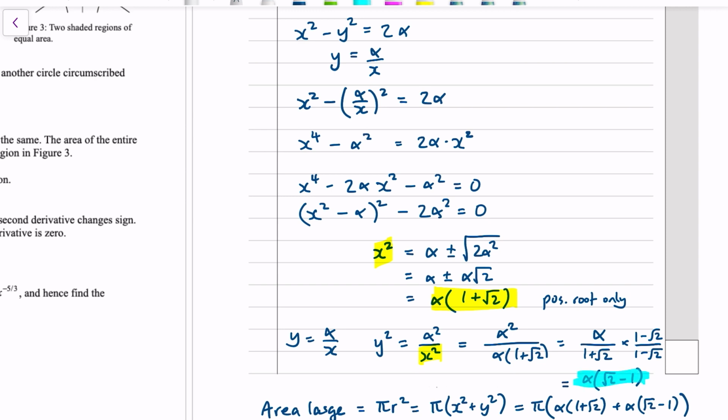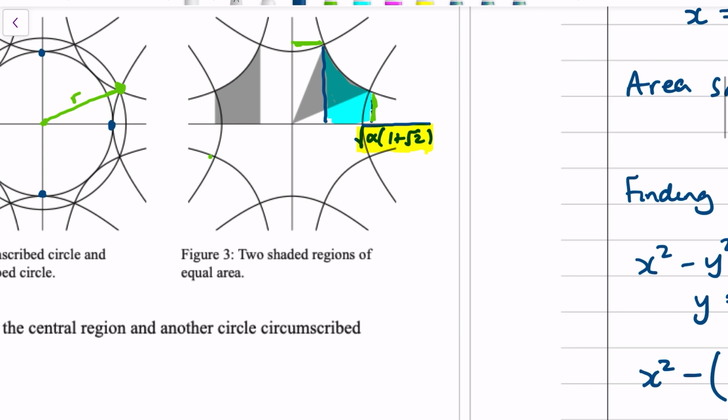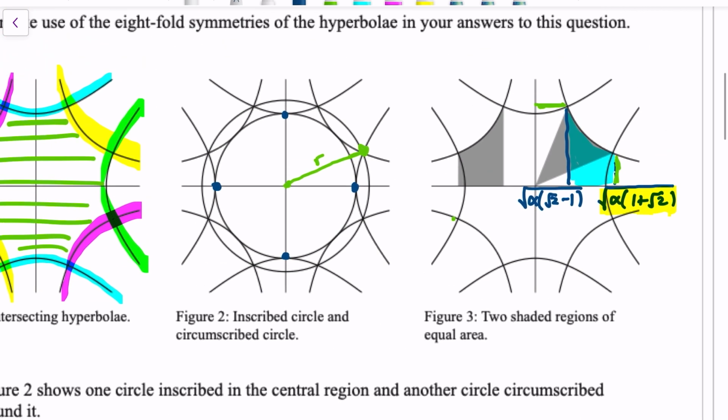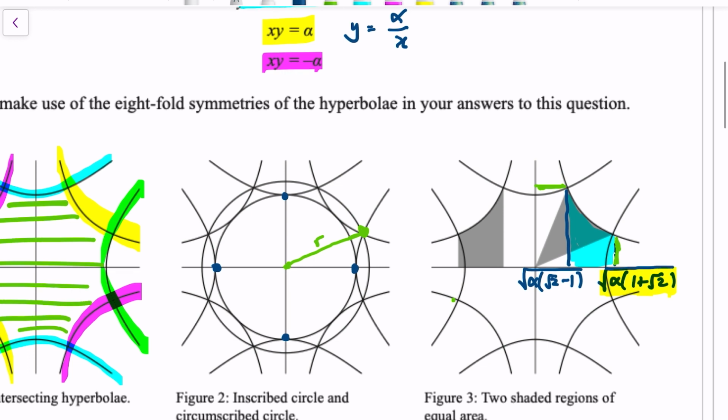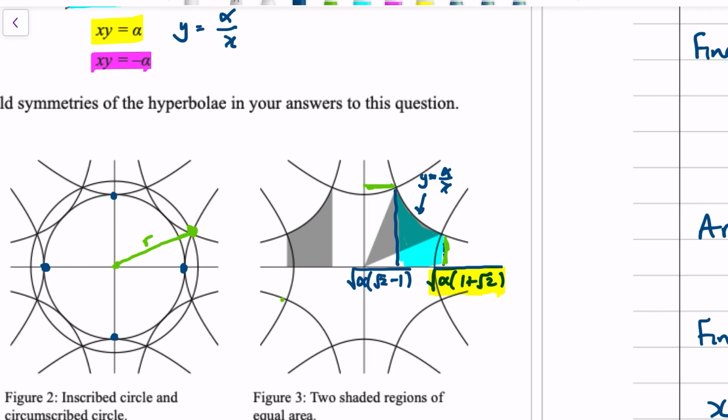Well, that was y squared, so square root that. That's my other limit: the square root of alpha times root 2 minus 1. And I'm integrating the yellow curve, y equals alpha over x, between there. That will find my blue area, then I times it by 8.